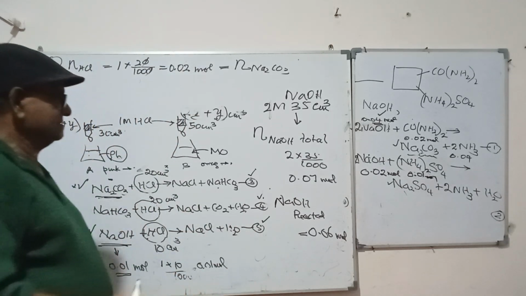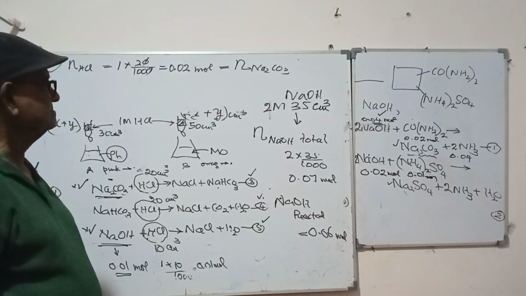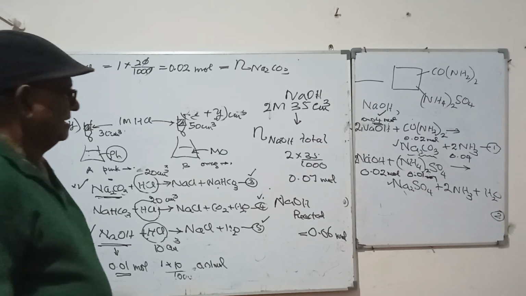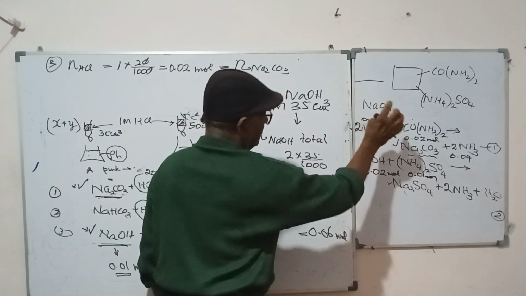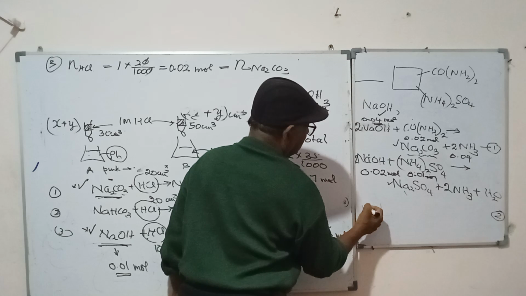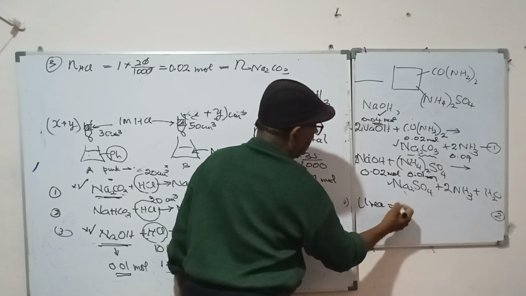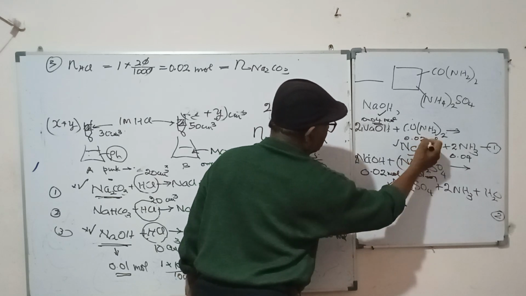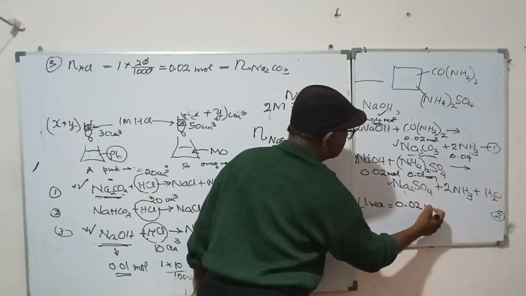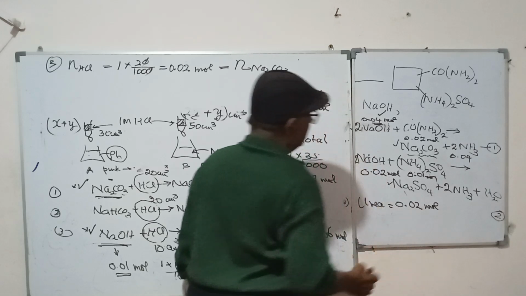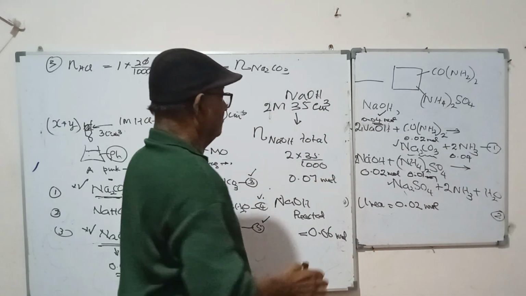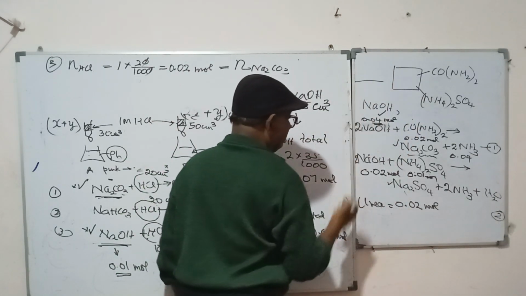Now it is clear. We have solved the problem. Urea moles, 0.02 moles of urea were present in this mixture.